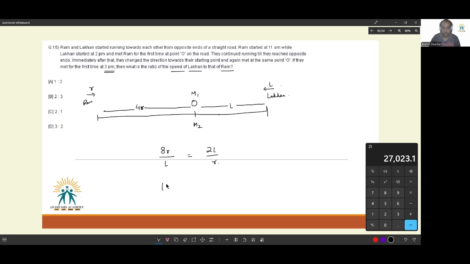So we get L square by R square is equal to 4, or L by R will be equal to 2 by 1. Finally, we needed the ratio of speed of Lakhan to that of Ram. It turns out to be 2:1, or option C is the right answer.